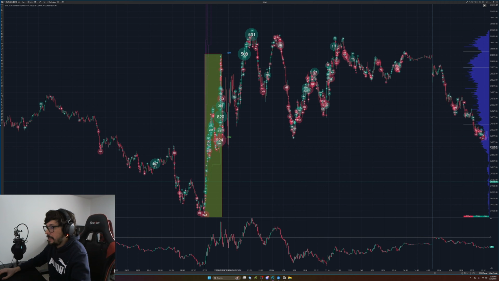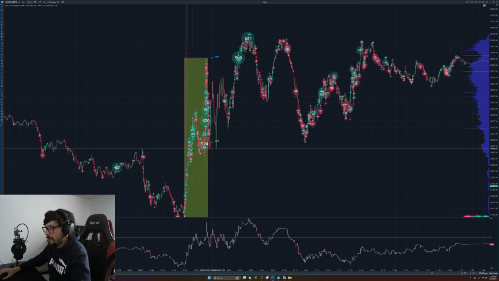But nonetheless, as soon as you saw that we're retesting this and this big green candle started going up, you could enter right here and potentially place your stop loss right at the bottom of this candle, which is more risk than I like to have, depending on the daily profits.